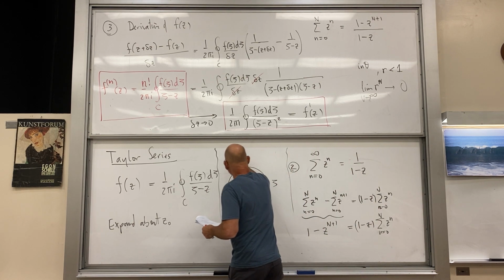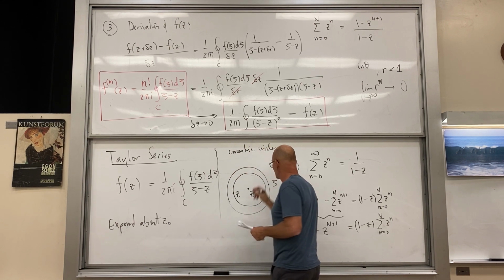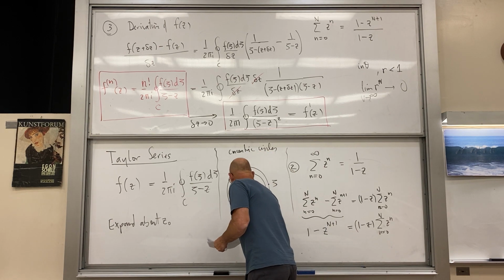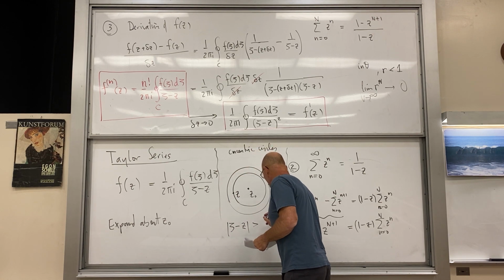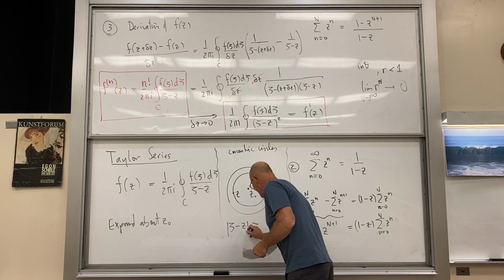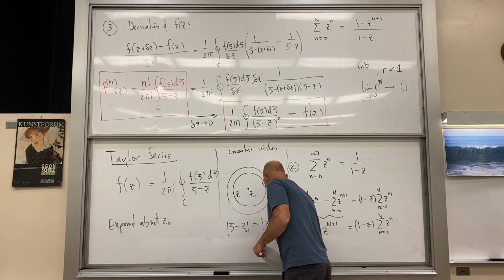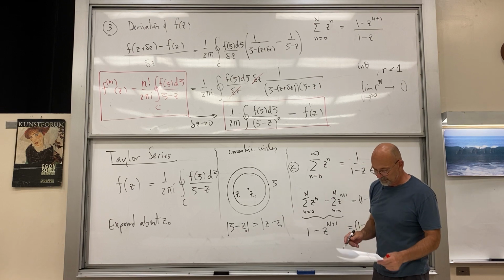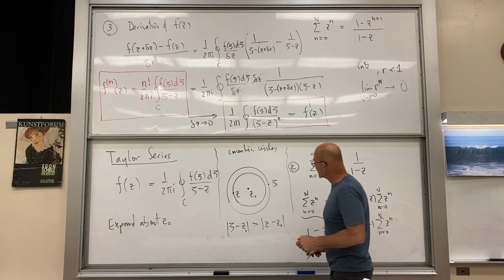These are concentric circles. And what we're going to make use of is that zeta minus z naught is greater than z minus z naught, by construction.